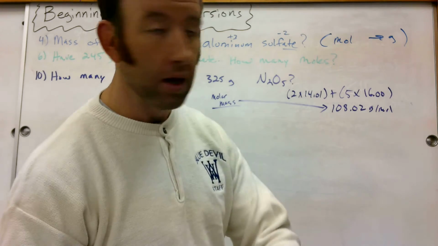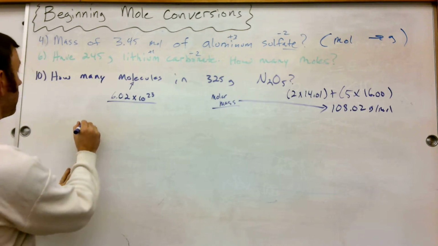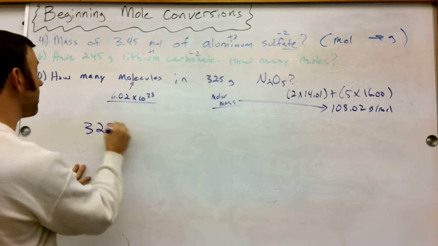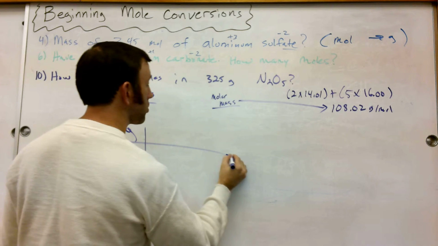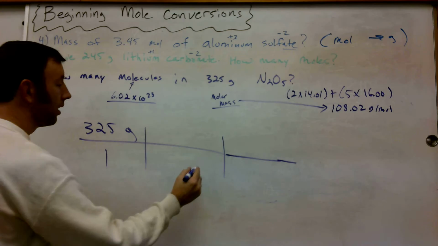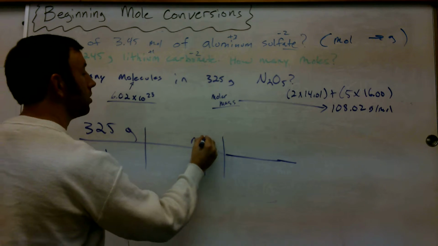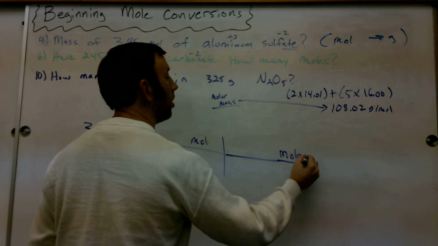Again, what's my given quantity? 325 grams. That's my starting point: 325 grams over 1. Now I know I'm going to do two conversions, so I'll make my table big enough to do that. I'm going to go from grams to moles, then moles to molecules.